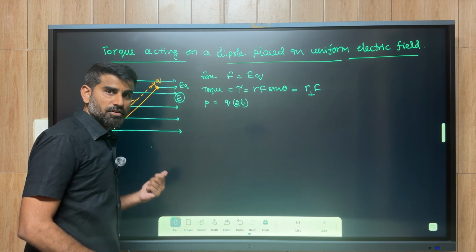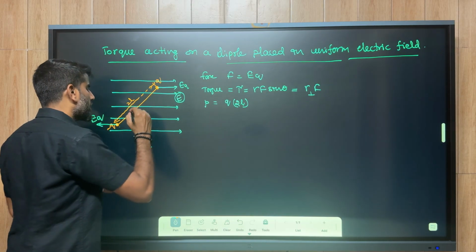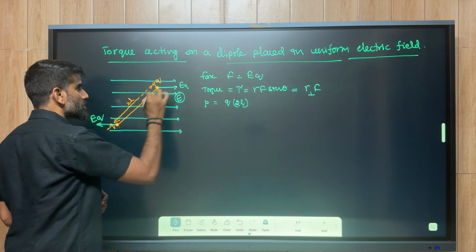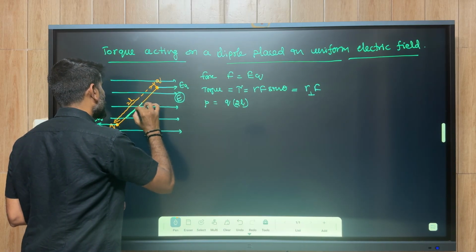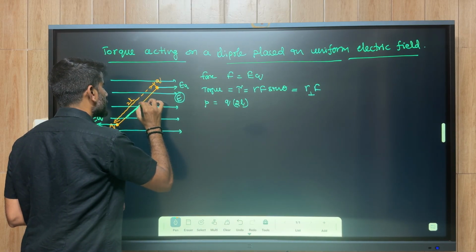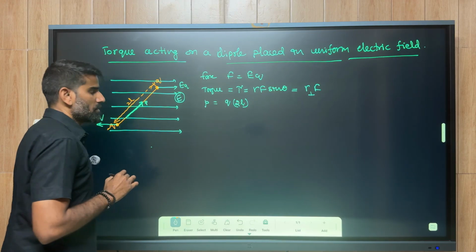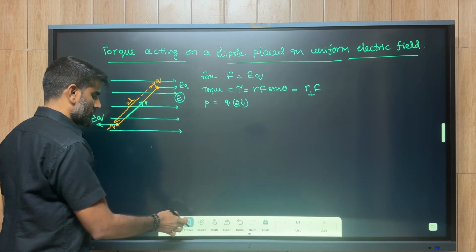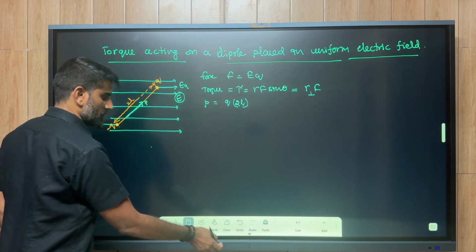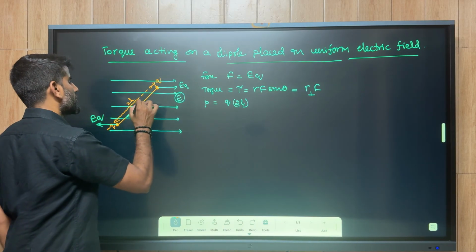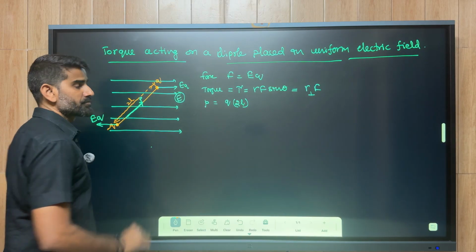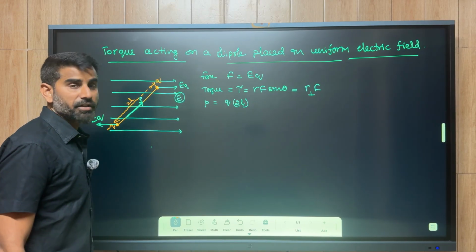Let us identify the direction of dipole moment. Dipole moment direction will always be from negative charge to positive charge. That means the direction of dipole moment will be this one. It will be P, so I am writing it here, P. So this is the dipole moment direction.